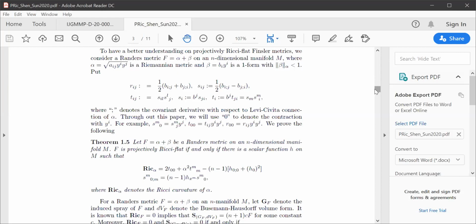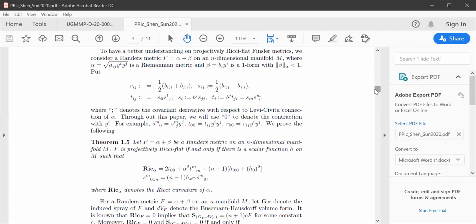You can call it projective Ricci curvature, but that depends on the Finsler metric only, because the volume form is always associated with the Finsler metric.